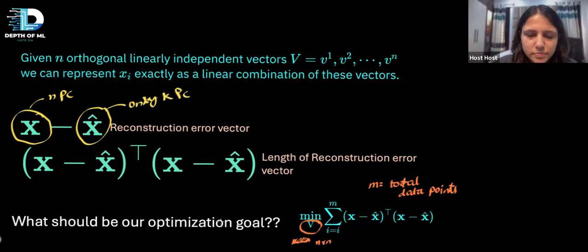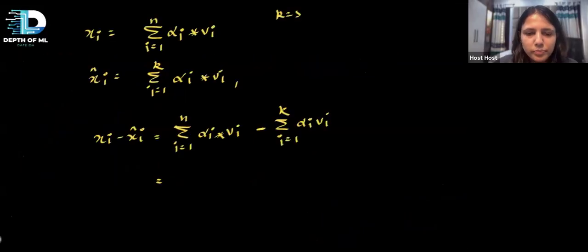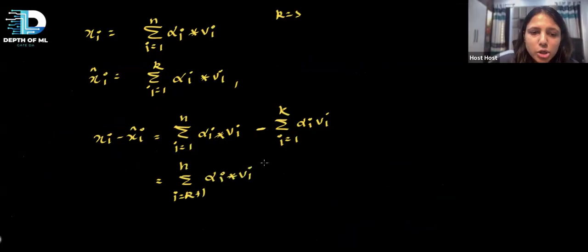So what will be left here? N minus k vectors will be remaining, right? So I will have vectors from i equals k plus 1 to n of alpha i into Vi, right? So this is my reconstruction loss.